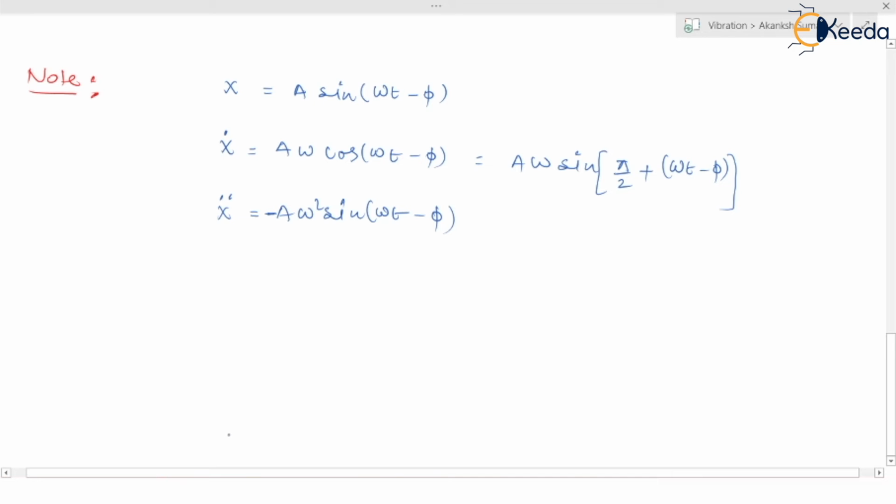Now we just have to put these values into the equation of the forced dynamic system. What is our forced dynamic system equation? The general equation I'm going to write is m x double dot plus c x dot plus s x is equal to F naught sin omega t. This is our equation. Now rearrange this equation: F naught sin omega t minus m x double dot minus c x dot minus s x is equal to 0. That's a very important thing we are going to study here.